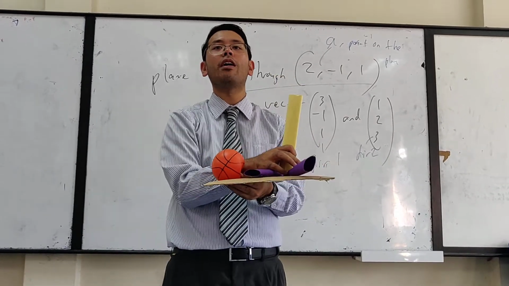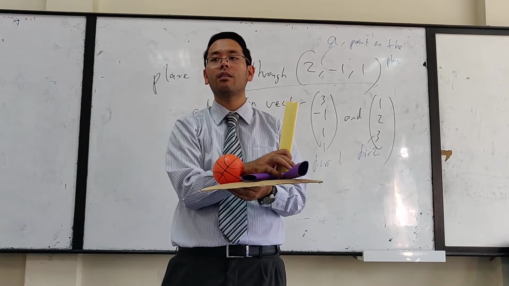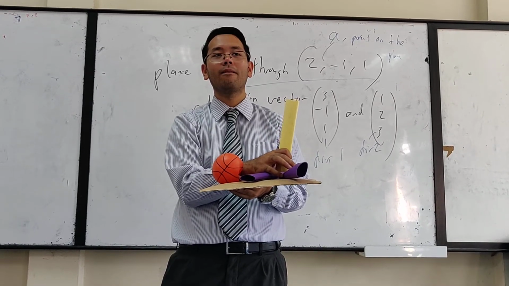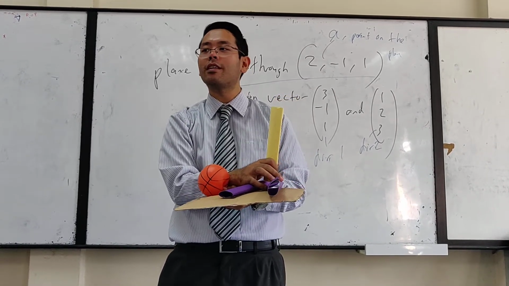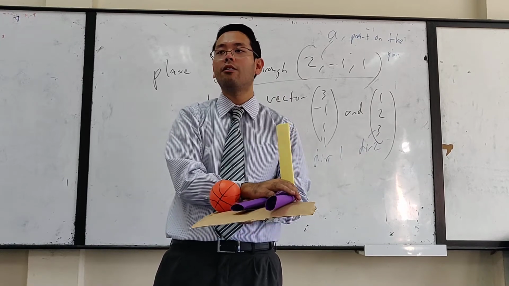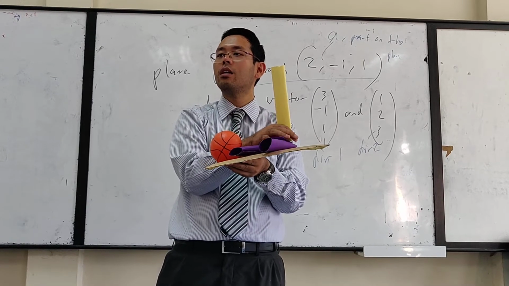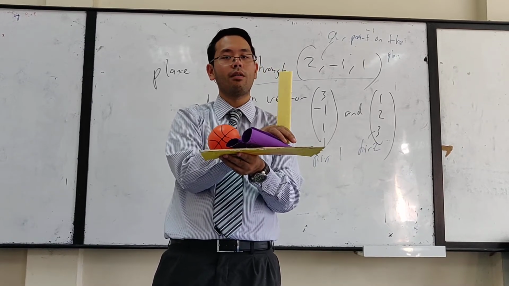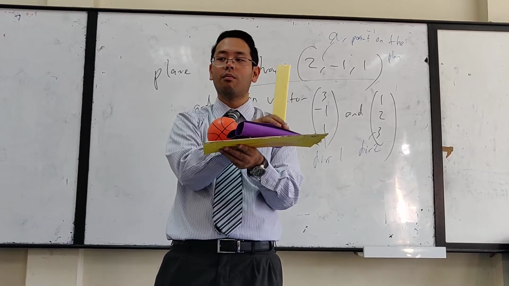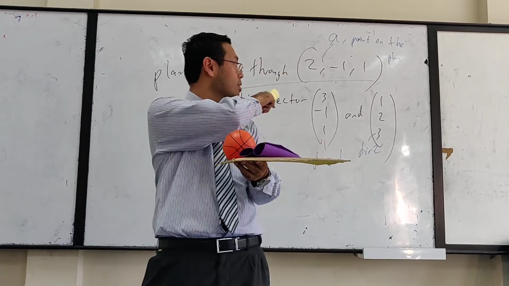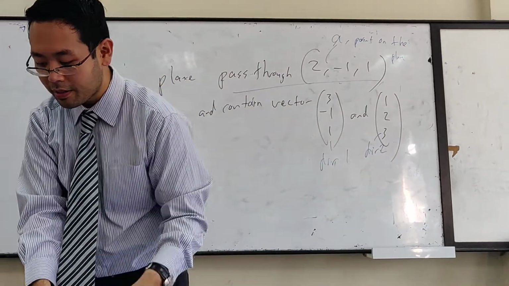Right? Why do I need the normal? What's the equation of the plane again? R dot n equals A dot n. This is the n. This normal is the n. What's your A? A point on the plane, so take this one, which is that one. Understand?